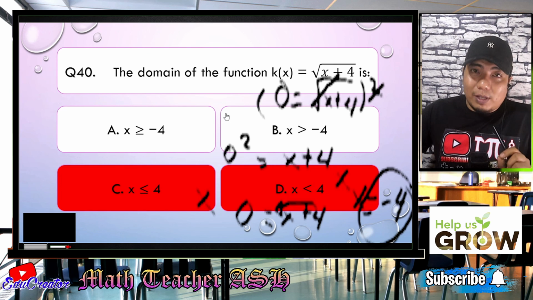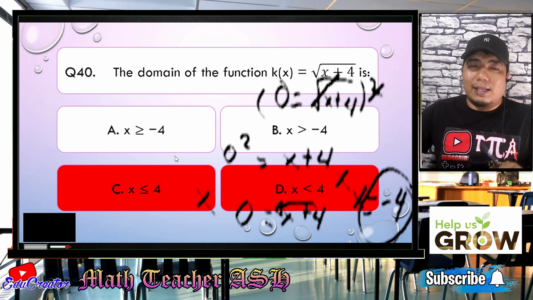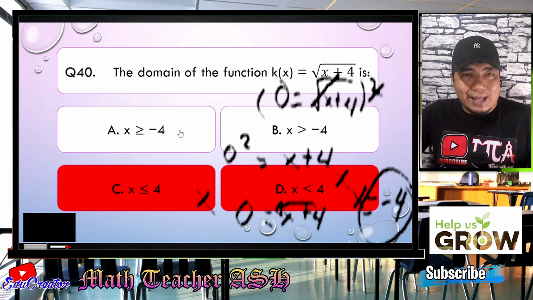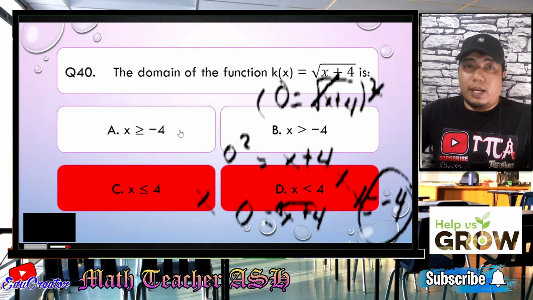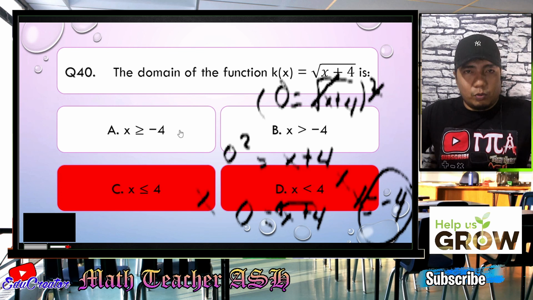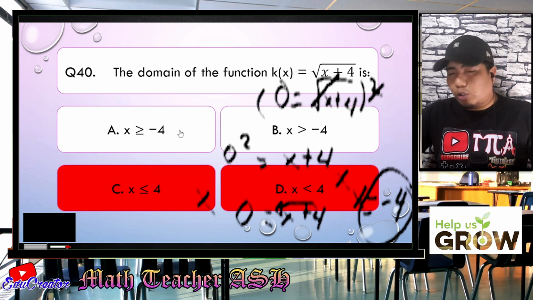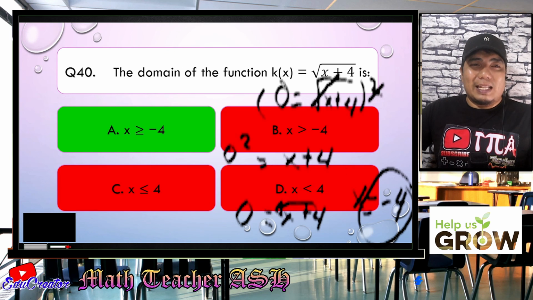So the equal sign is part of the solution. So where is the equal sign in this one? And that is letter A. So the correct answer is letter A. It should be x is greater than or equal to negative 4. So negative 4, negative 3, negative 2, negative 1, 0, and so on. All right, we are correct, my dear math learners. Easy, right? And that is very, very easy.